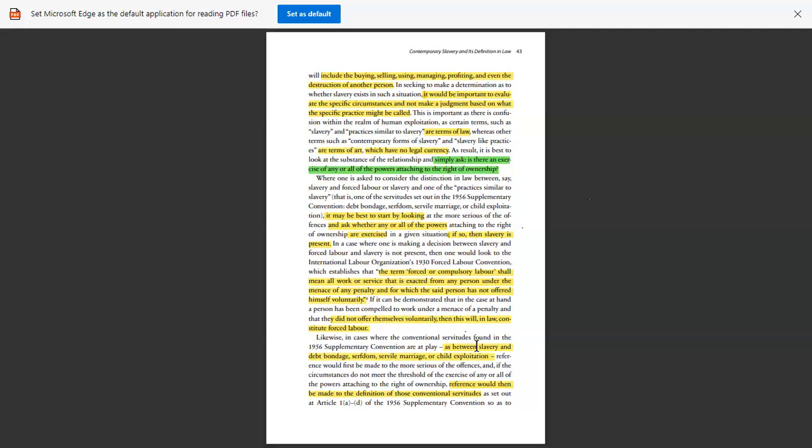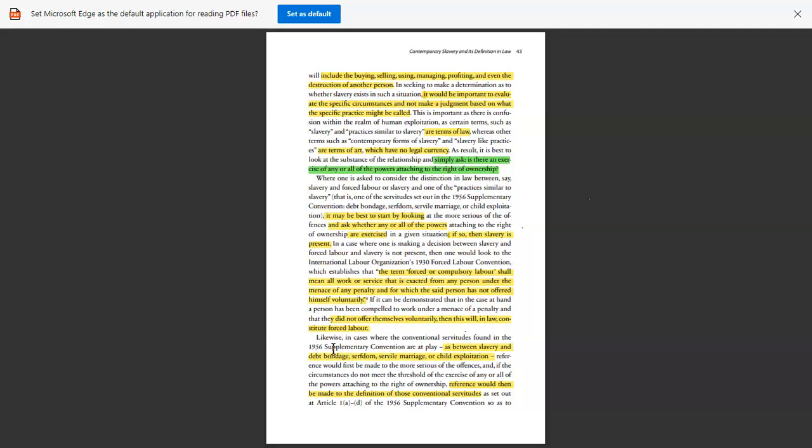So as between slavery and debt bondage, serfdom, servile marriage, or child exploitation, all of these things are part of conventions to where these things are as unconstitutional or against the law of the land as practices similar to slavery. They've just defined them differently, but they do have debt bondage, and the Michigan Constitution again points out that there shall be no debtor's prison. And so child exploitation is another area.